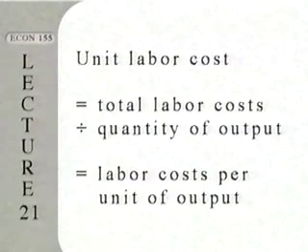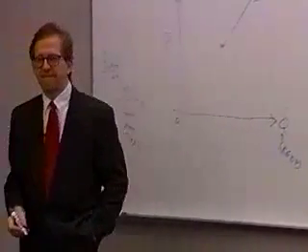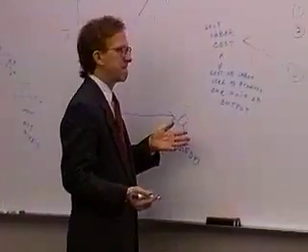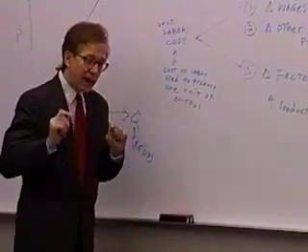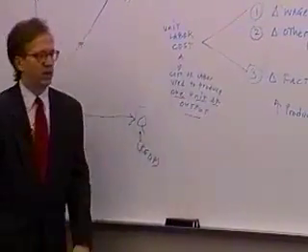Cost of labor used to produce 1 unit of output. Unit labor cost. It's a cost figure, it's the cost of that quantity of labor needed to produce 1 unit of output.